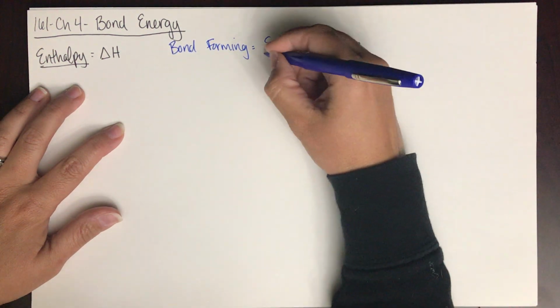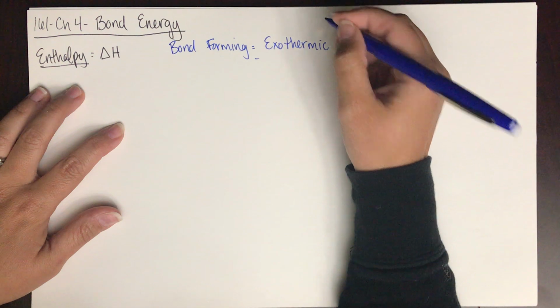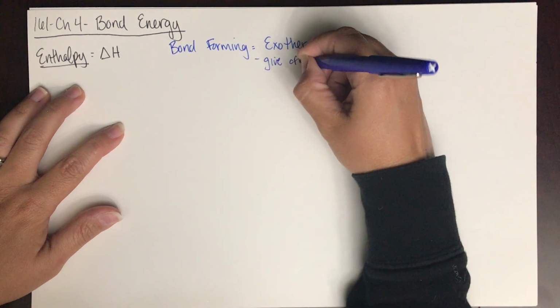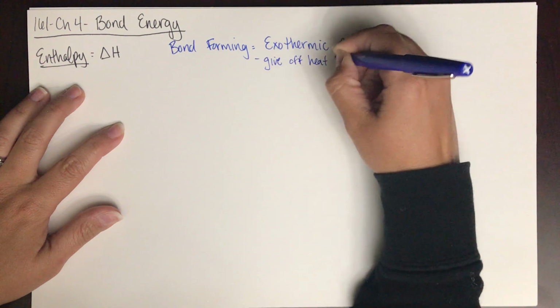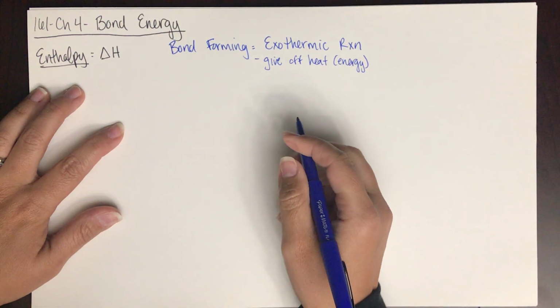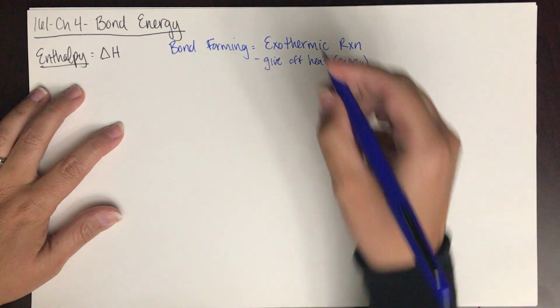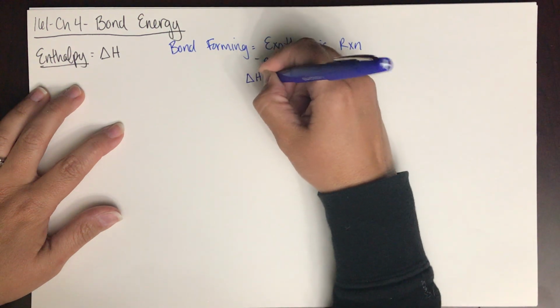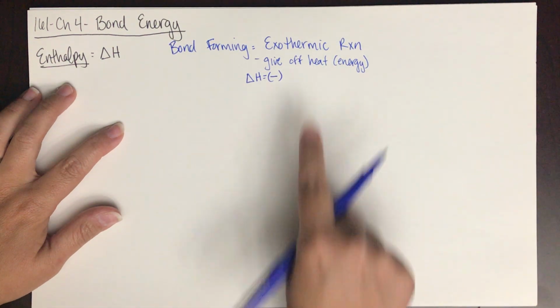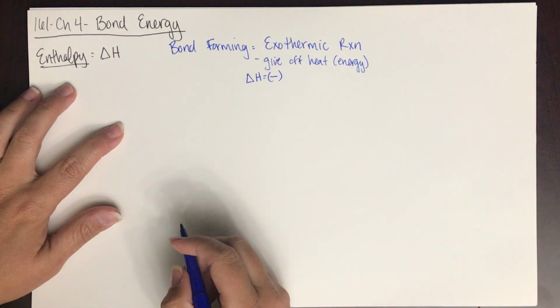This means that when a bond forms, it gives off heat or energy. And the sign of this reaction, the delta H, is going to be a negative number for an exothermic reaction. Exothermic reactions are when bonds are forming.